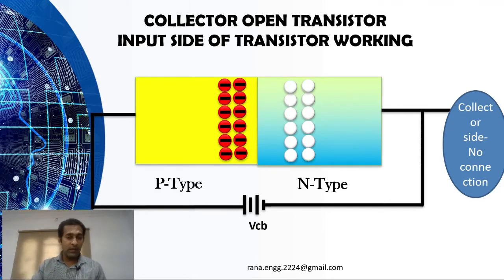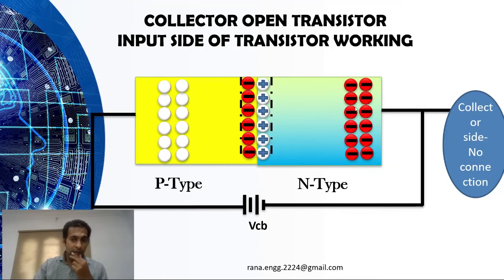In reverse bias, the depletion region increases. In this particular case, what happens? When the voltage exceeds the capacity of this wall, this is the depletion region potential. For silicon, this value is 0.7. We have to break this wall if we want conduction. When will I say it is on? When there is a flow of current.